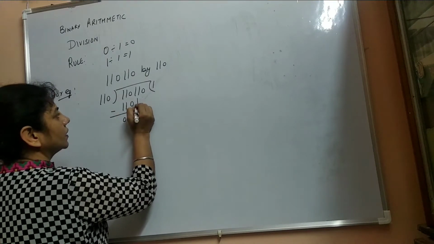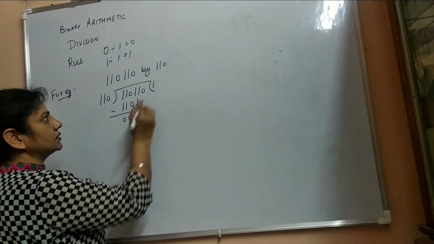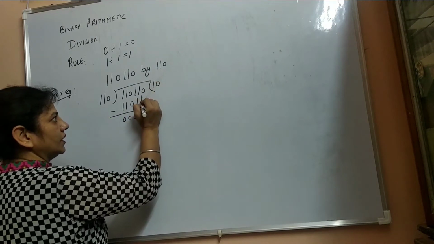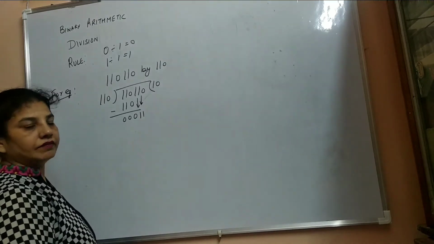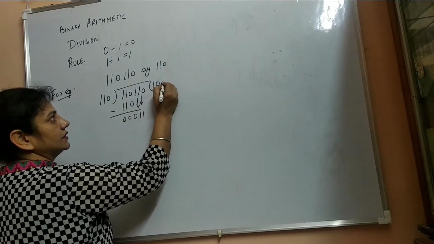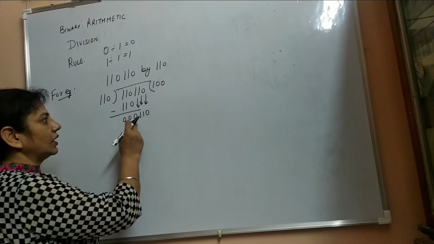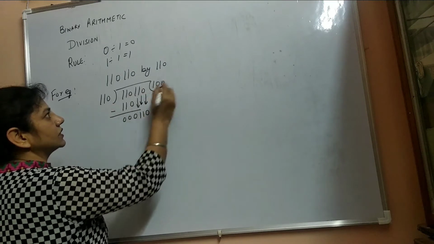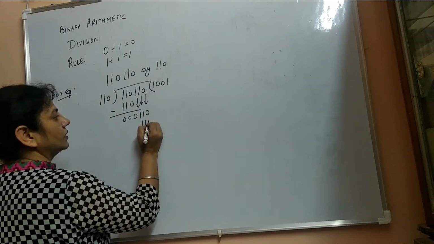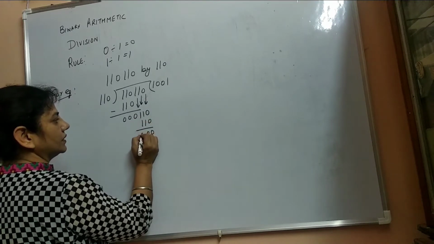I take 1 down. Since 1 is smaller than this, I will write 0. I will take 1 more down. 11 is again smaller than 110, so I will write 0 and take 1 more digit. That gives me 110, which goes exactly with this number 110. 0 minus 0 is 0, 1 minus 1 is 0, 1 minus 1 is 0.